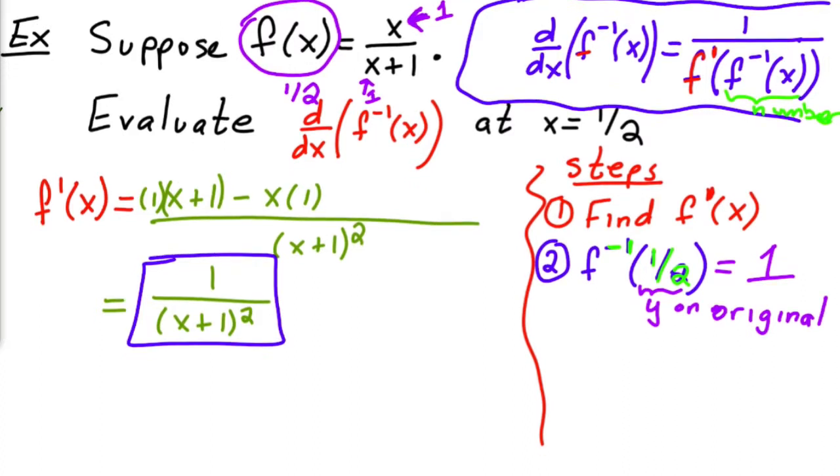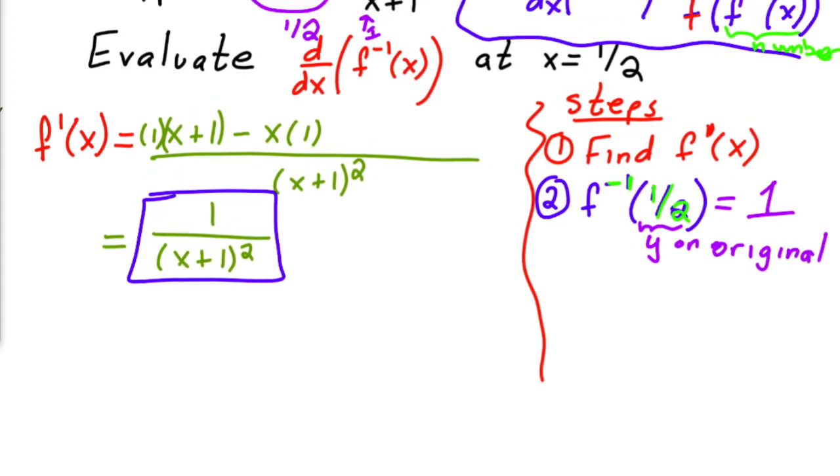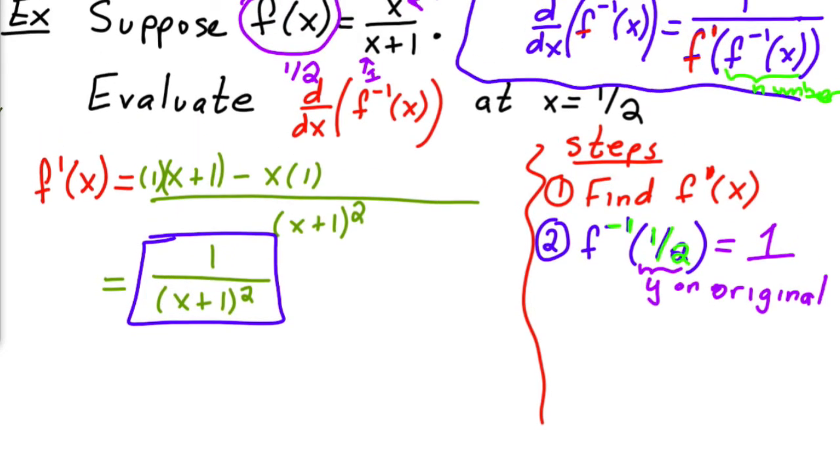Okay, so then the next step, let me leave that formula here. So notice that I found f prime, and I found f inverse of 1/2, which is this guy.